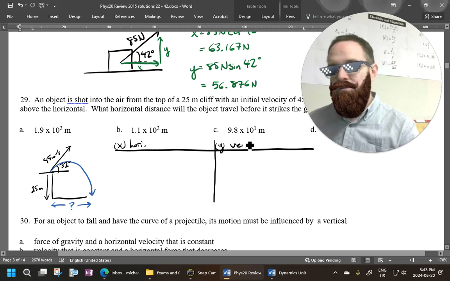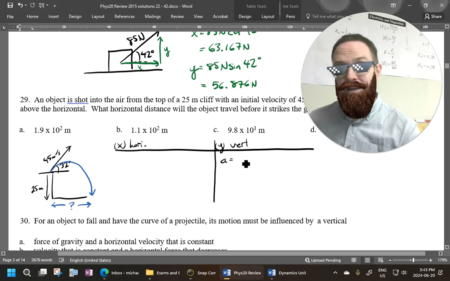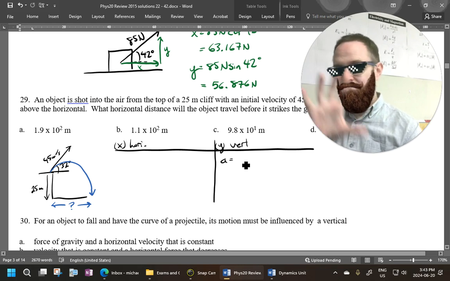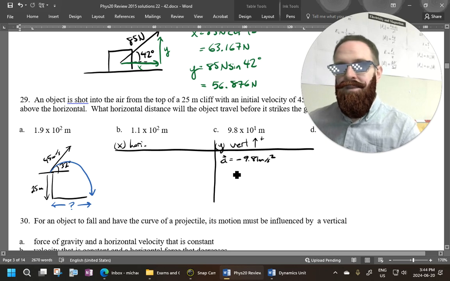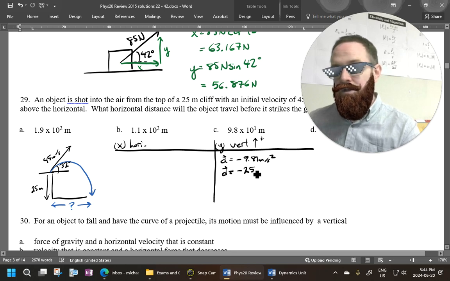That's the horizontal, and this is the vertical. So remember, in the vertical section, we got gravity acting on it. We're going to assume there's no air resistance here. So let's say up is positive. So this is going to be negative 9.81 meters per second squared, because that's going down. Its vertical displacement is going to be negative 25, because it has to fall down.